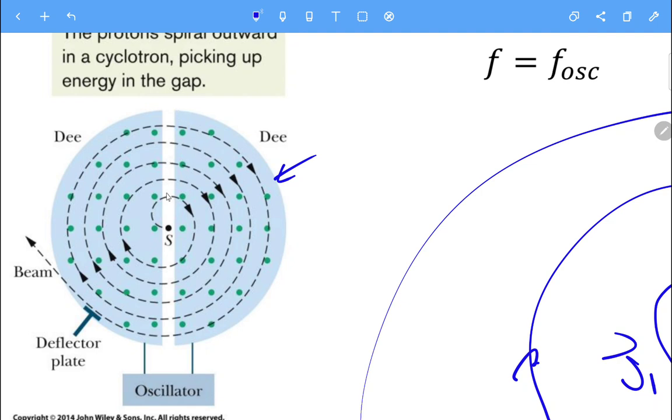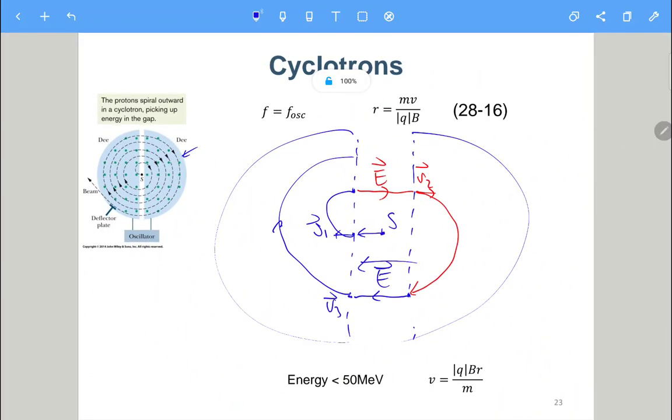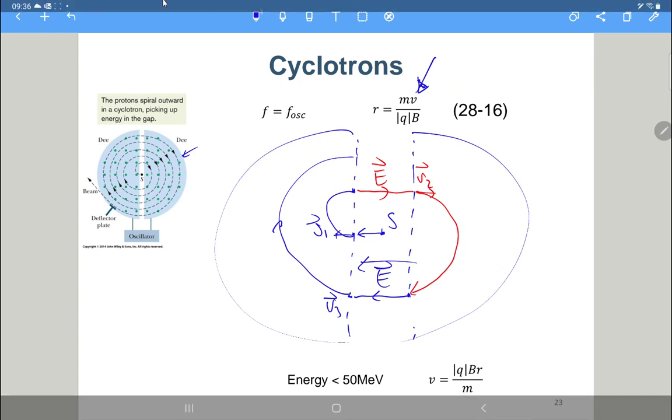If you need to generate a uniform B field in a large area, you need very large energy to do that. So that's why it cannot have a large energy, because you can see here the R is also inversely proportional to the B field, which means that if the B field is not large enough, then this disk needs to be very, very large.